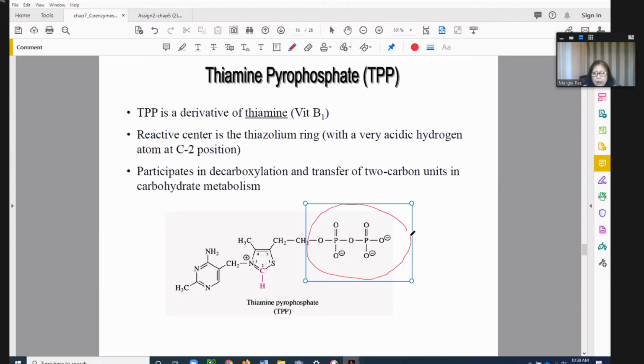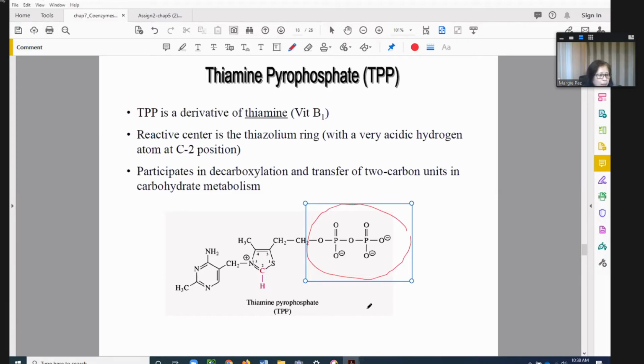So the pyrophosphate group from ATP is transferred to thiamine to produce the coenzyme thiamine pyrophosphate. Right? Remember the gamma and beta phosphoryl groups of ATP that can be donated. This is the pyrophosphate group here.